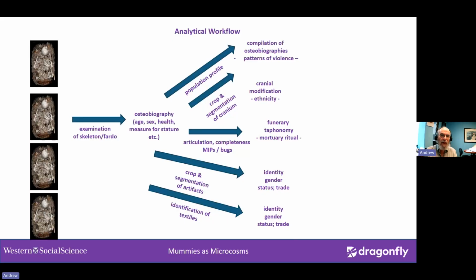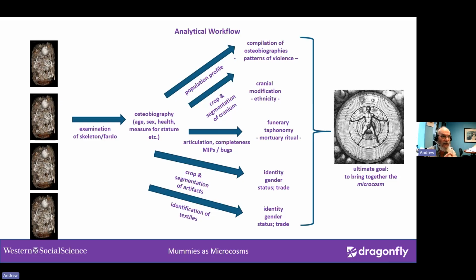Going back to that analytical workflow, we start with the scan of the individual, and we look at the cranial modification, the mortuary ritual, and the artifacts that were in with them, and the ultimate goal is to bring that all back together to recreate that microcosm.